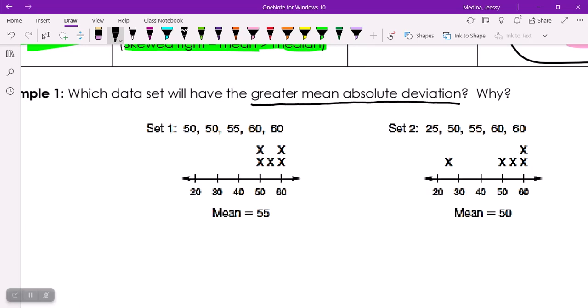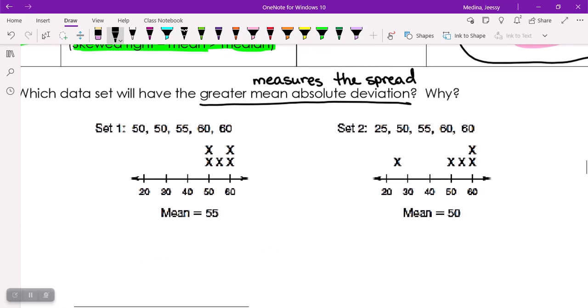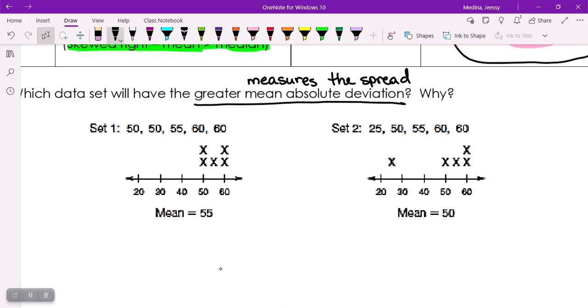Mean absolute deviation measures what? It measures the spread of the data. How spread out is the data? So which one has data that's more spread out than the other one? Set 2, right? Because you have this value over here, which is between 20 and 30, and all the other ones are between 50 and 60.